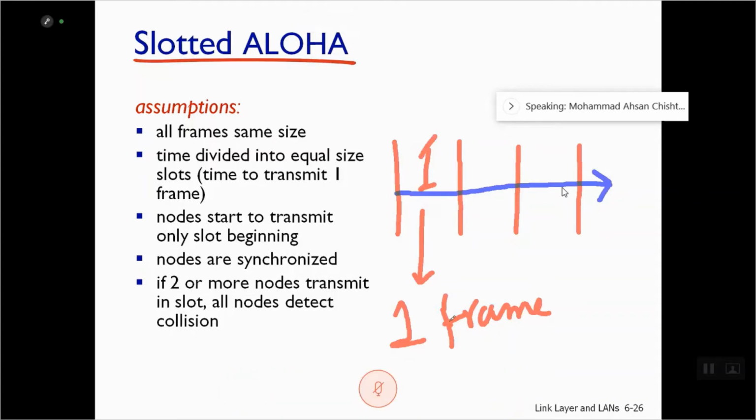But within TDM, each node is given one specific slot. As compared to this, in Aloha, any node that has to transmit would start transmitting at the beginning of the time slot. Now what would happen here?